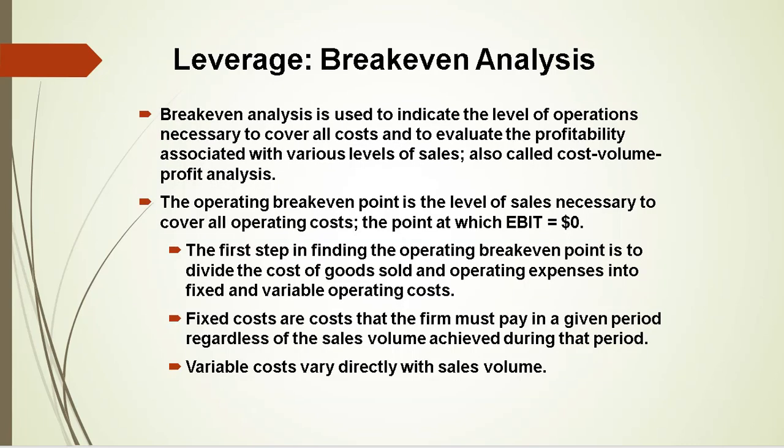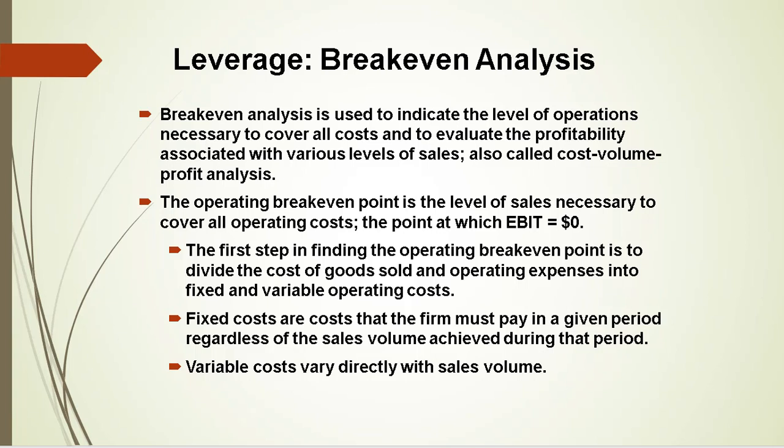So let's start by talking about operating leverage. And the first concept we want to talk about here is something referred to as break-even analysis. I'm sure you may have seen or studied this in some other courses or programs, but essentially we want to determine the operating break-even point. That is, what level of sales do we need to achieve an EBIT equal to 0?